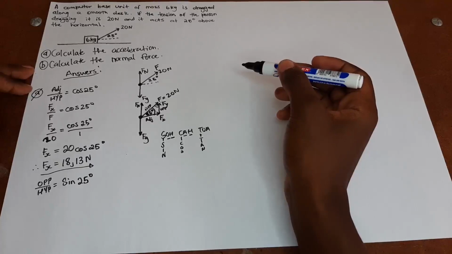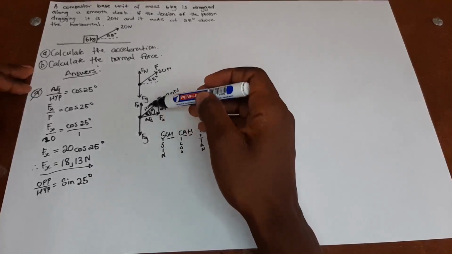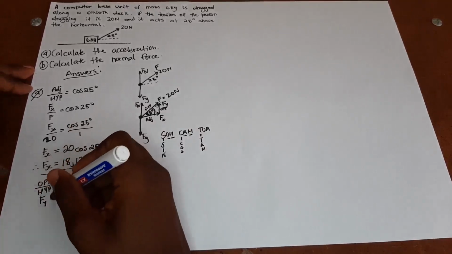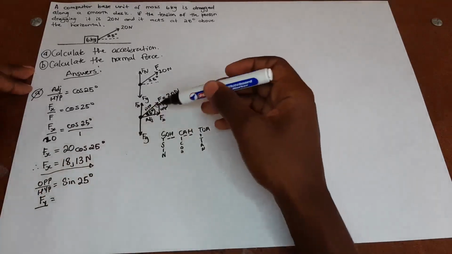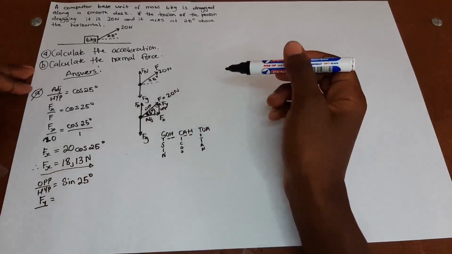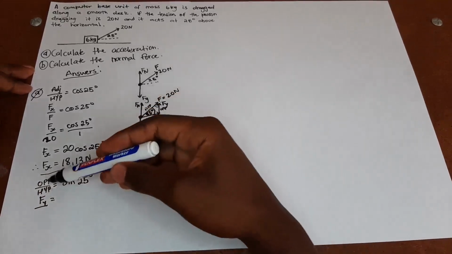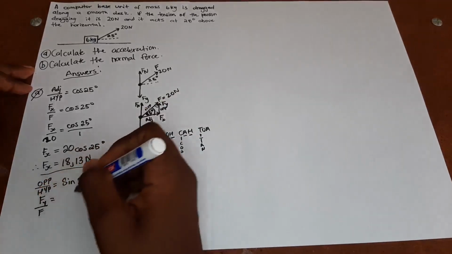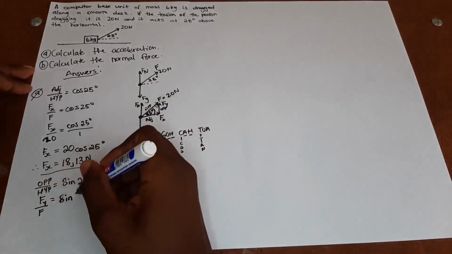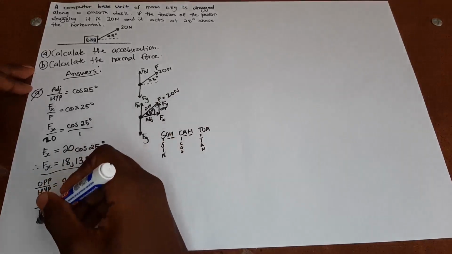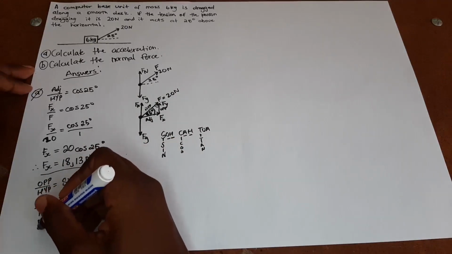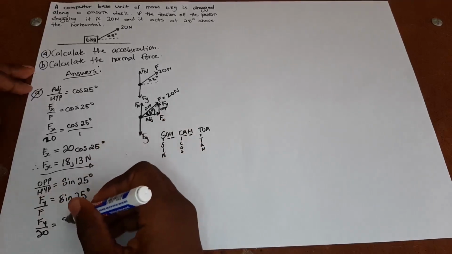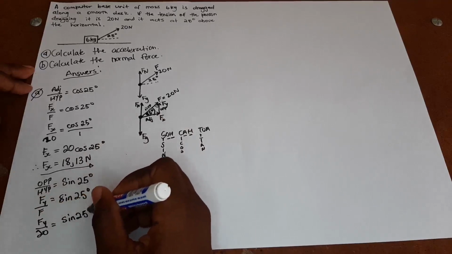What's our opposite side there? The opposite side is Fy. So Fy is over the hypotenuse, which is F, equal to sine 25 degrees. Therefore Fy over 20 newtons is equal to sine 25 degrees over 1.